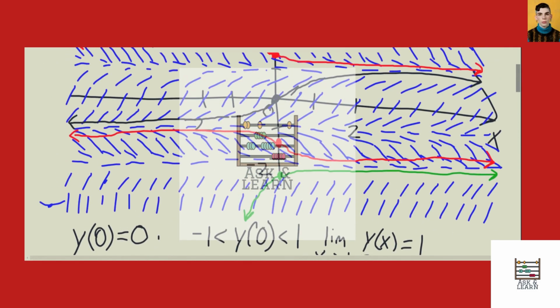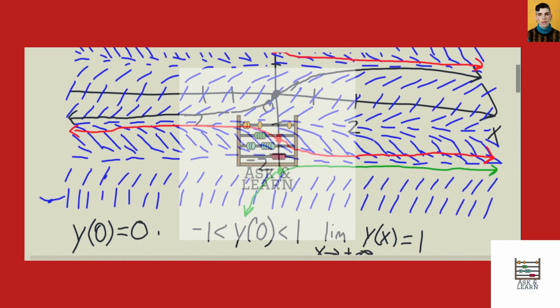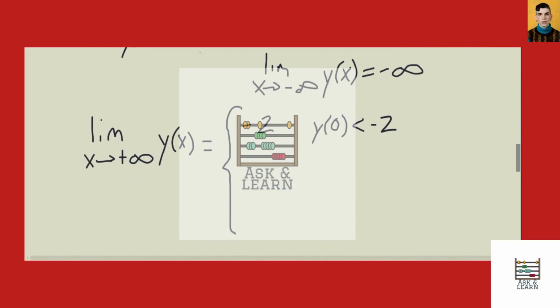We also have that if y of 0 is equal to negative 2, this limit is still negative 2, so you can say less than or equal to negative 2.